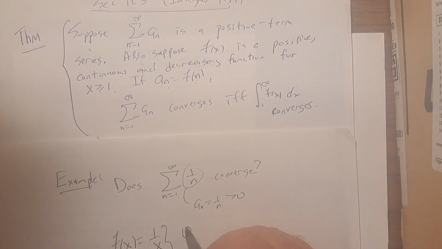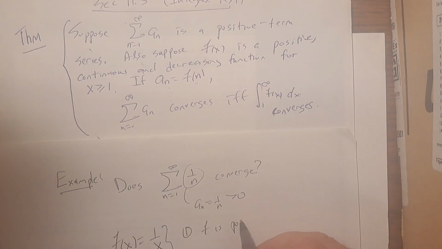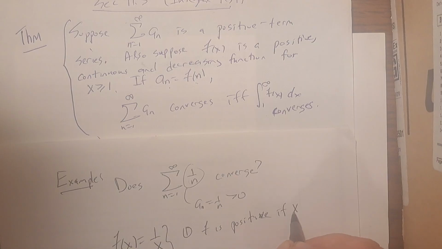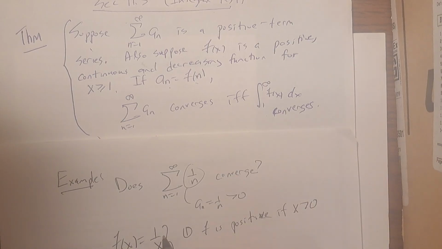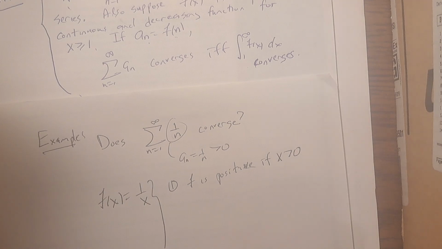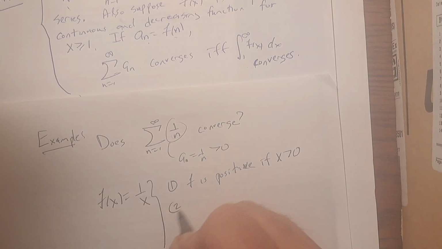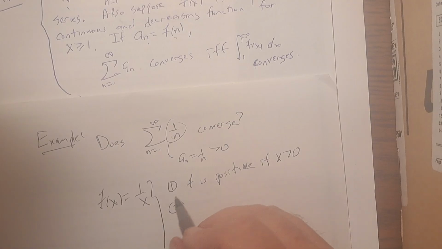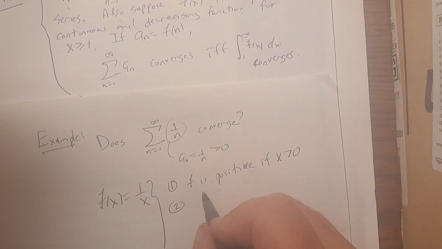So, first of all, it's positive if your x is bigger than 0. Because the 1 is already positive, you just need the bottom to be positive. Okay? And then, where is it not continuous? It's not continuous at 0 because it doesn't exist.